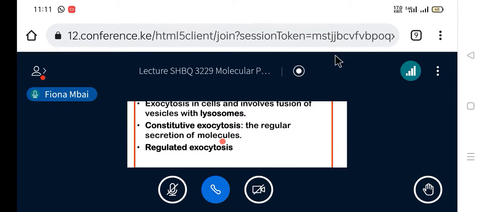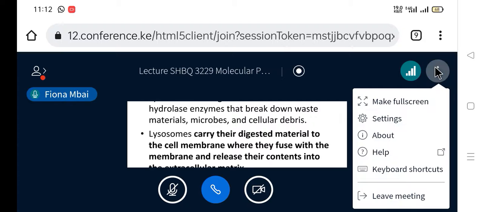This is the regular secretion of molecules, for secretion of molecules which have been made inside the cell. And then there's regulated exocytosis. So those are the three types, and we'll talk about all three individually.